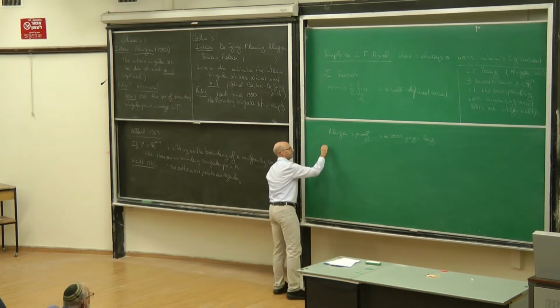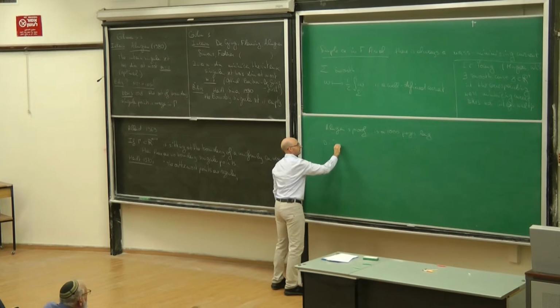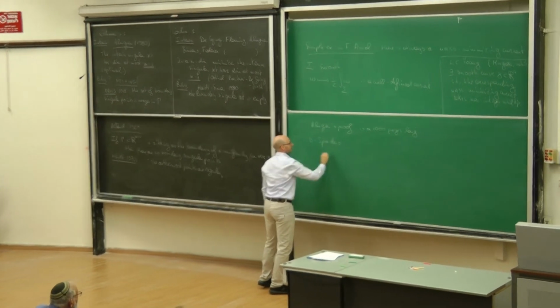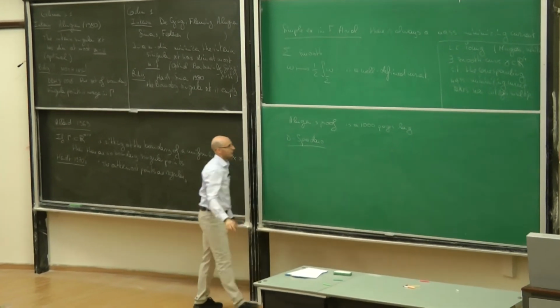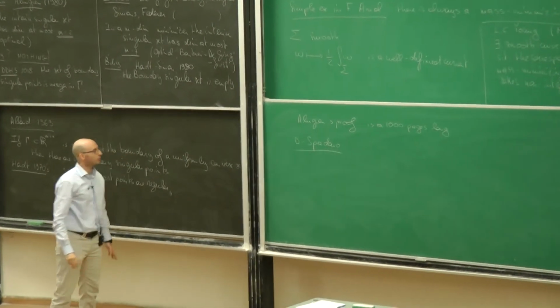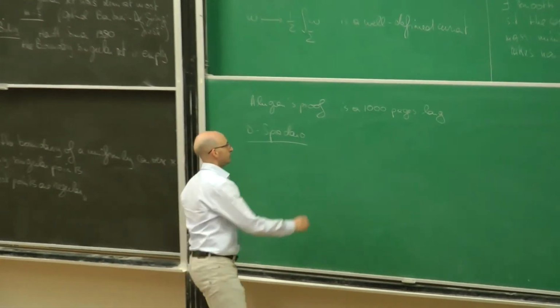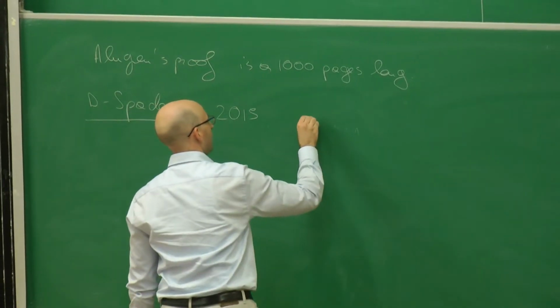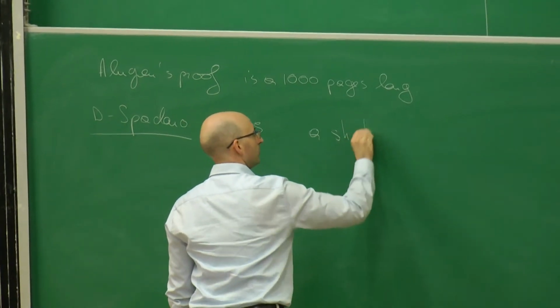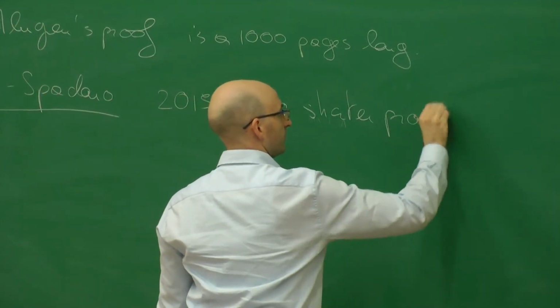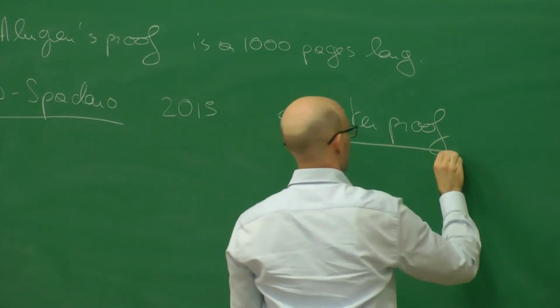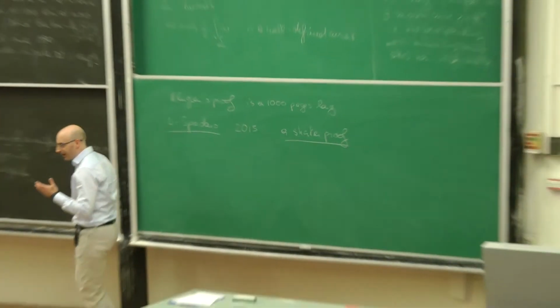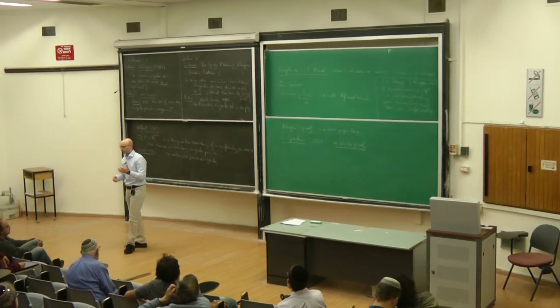Okay, and I had been working with Emanuele Spadaro on a simpler proof for quite a long time, and essentially around 2015 we had a shorter proof which still follows a lot of his ideas, but also introduces some new ideas.